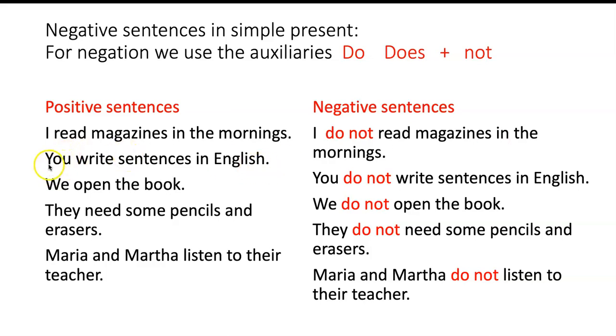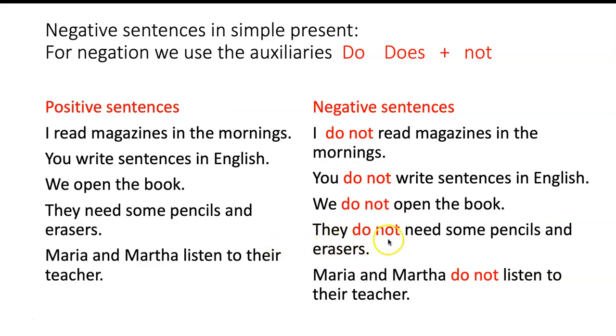Okay, here we have: you write sentences in English. You don't write sentences in English. The same sentence, but here this is in negative. We open the book. We do not open the book. They need some pencils and erasers.